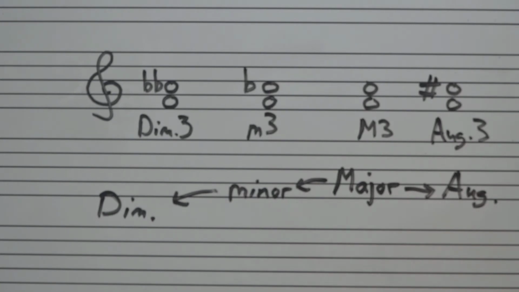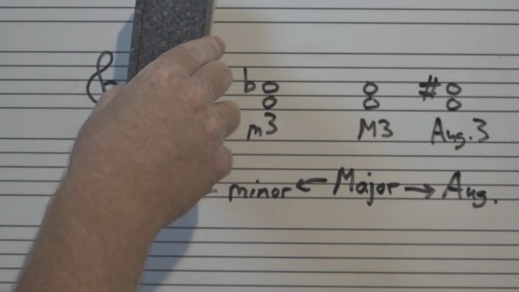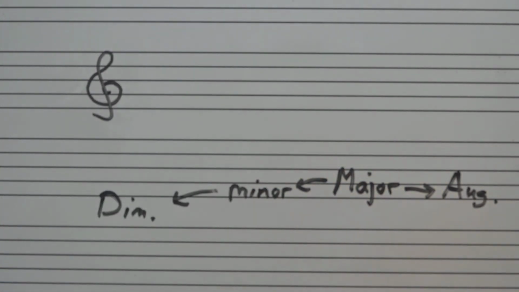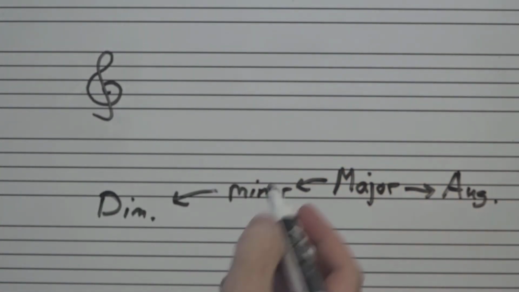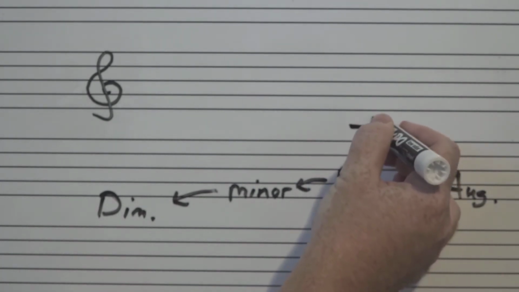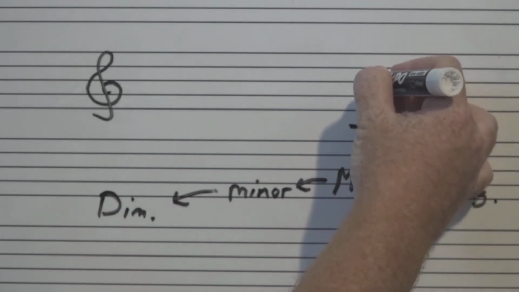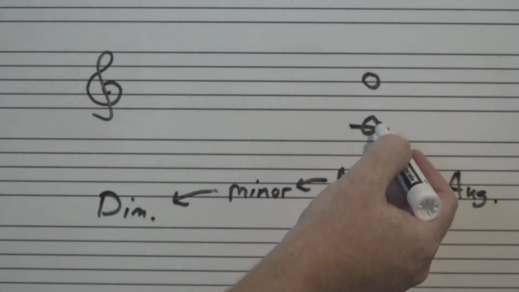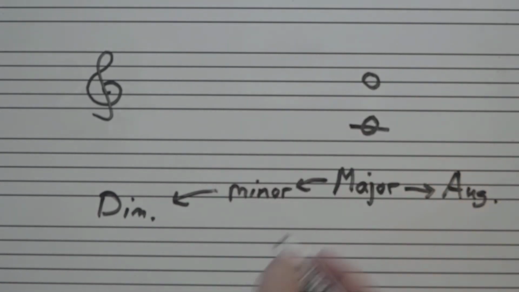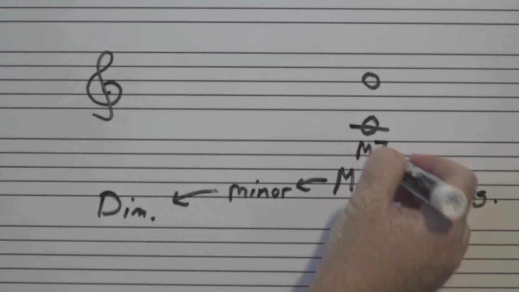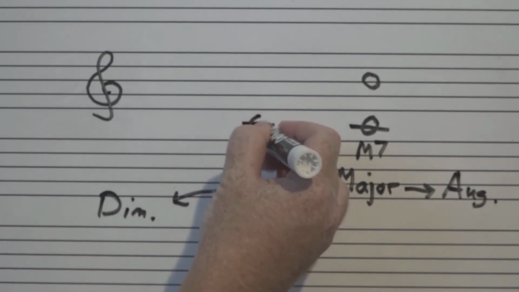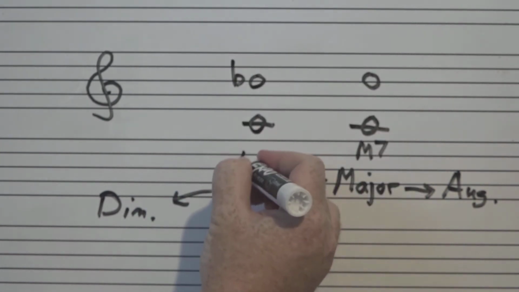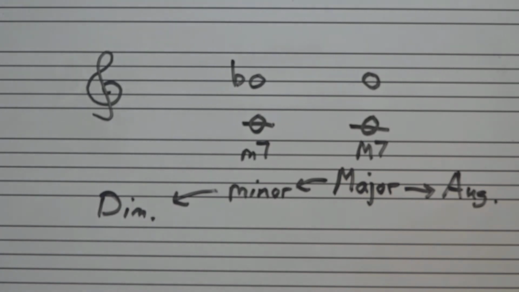Let's do it on one more note so you can see it. And let's start with a major seventh, C to B. And we know that B is in the C major scale, so we know that is a major seventh. If we want to make that minor, we simply lower that top note and make it a minor seventh.